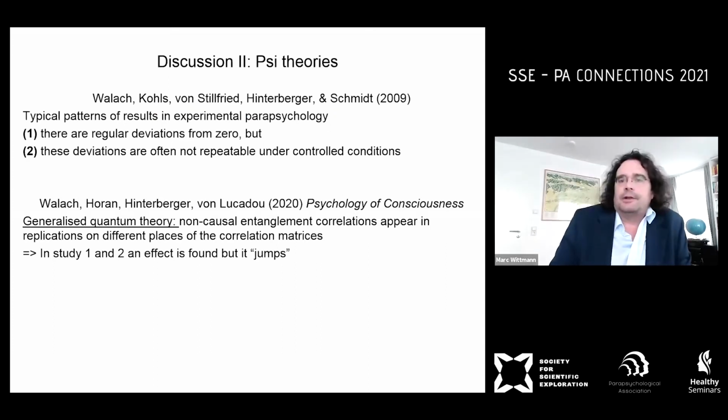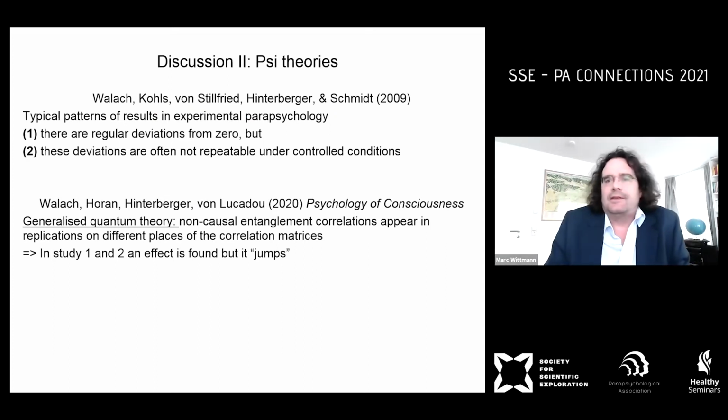But discussion 2: there are, of course, psi theories that are aware of these typical effects because they occur again and again. So one could say that what I found is a typical pattern of results in experimental parapsychology, where we have regular deviations from zero. It's regular because we had it in each study, but these deviations are often not repeatable under controlled conditions.